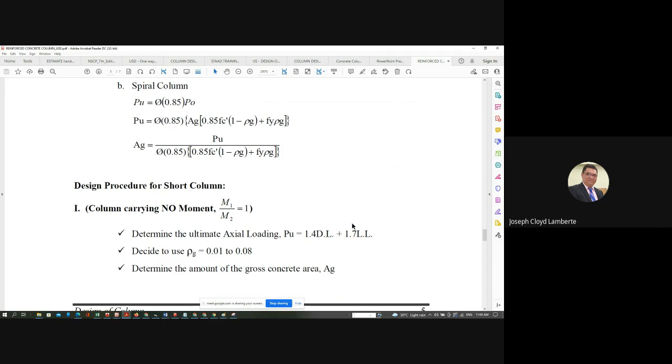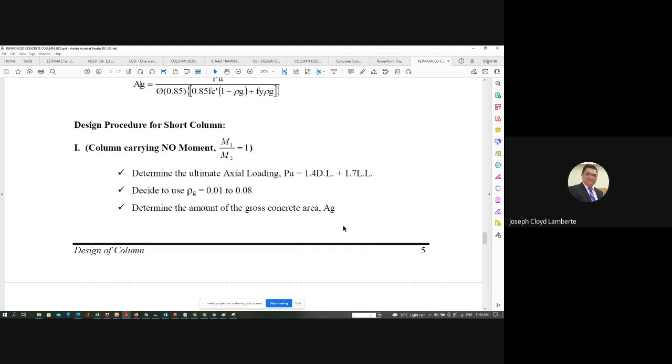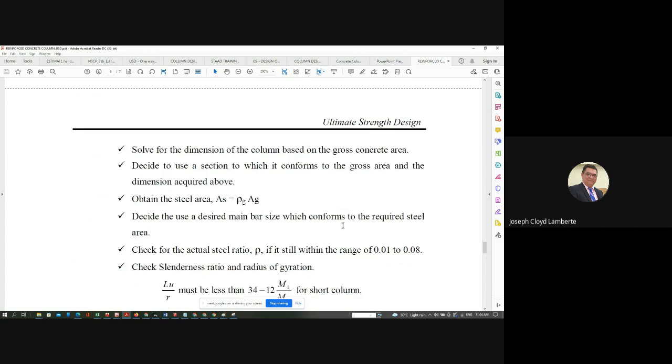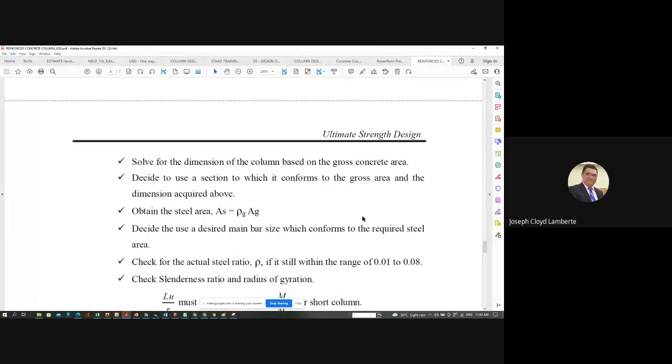You fix your width and then get the depth, or fix your depth and get the width. It depends on you. If circular, multiply by 4, divide by pi, and take the square root, so you get the diameter. That is the meaning of solving the dimension of the column based on the gross concrete area that you identify and calculate.